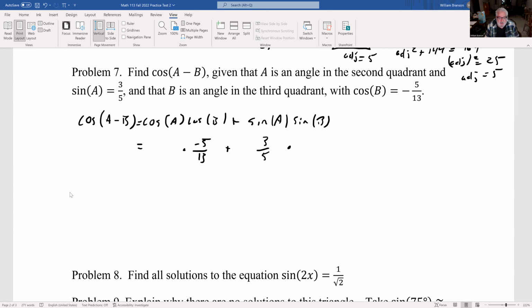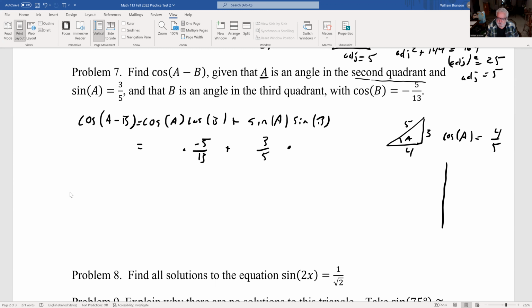So cosine of A, well, sine of A is 3/5. And this is the same triangle we had above, so it's going to be 4. So cosine of A is 4/5, but you have to remember that A is an angle in the second quadrant.